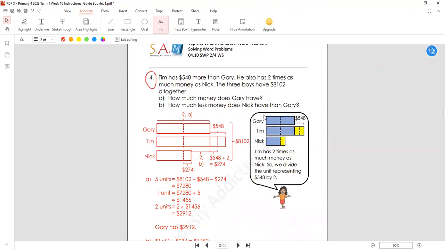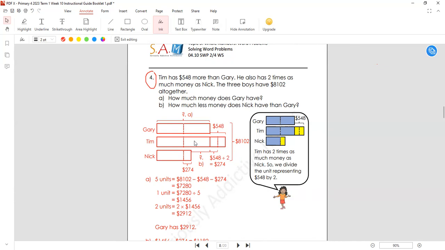And then let's do question 4 together with them. Question 4 is a bit challenging as well. Here, if you draw the model, Tim has $548 more than Gary, so this is the first portion here. But Tim also has 2 times as much money as Nick. So in order to draw 2 times money as Nick, you have to split this up into 2.